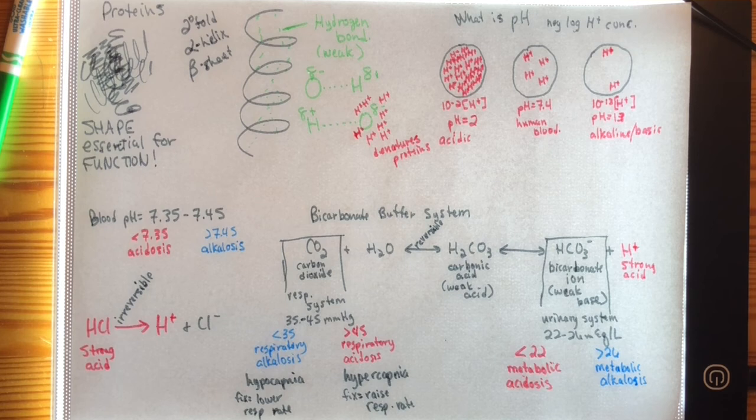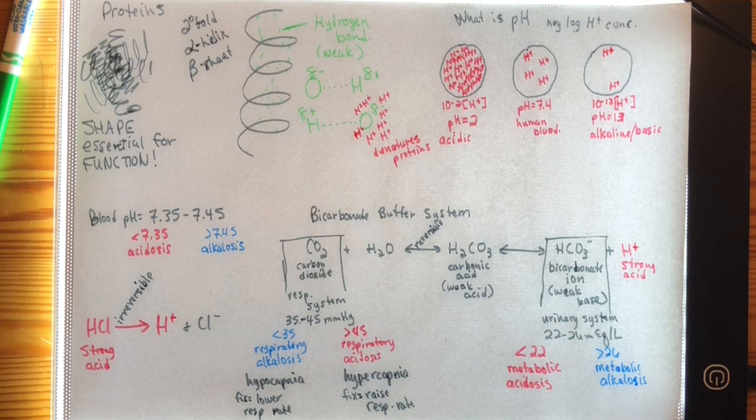So the first number that we look at, and try not to get tricked by this, is simply the pH number itself. If the pH is between 7.35 and 7.45, there is no problem, or the problem has been completely rectified by combining the functionality of the respiratory system, CO2 levels, and the urinary system, the bicarbonate ion levels. And sometimes they can fix each other, if you will.